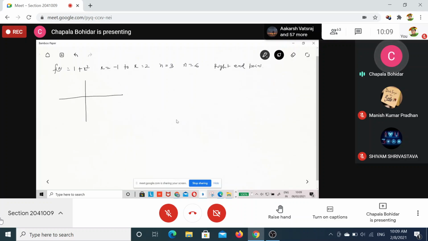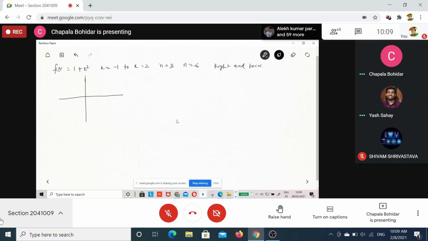What type of curve is 1 plus x square? Parabola. Where does it lie?